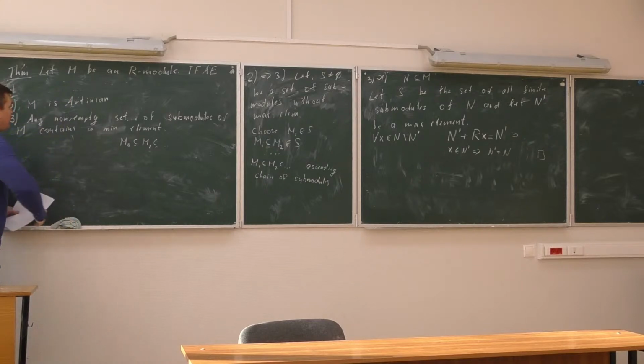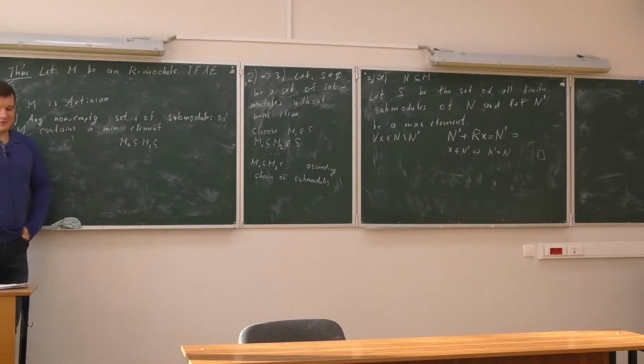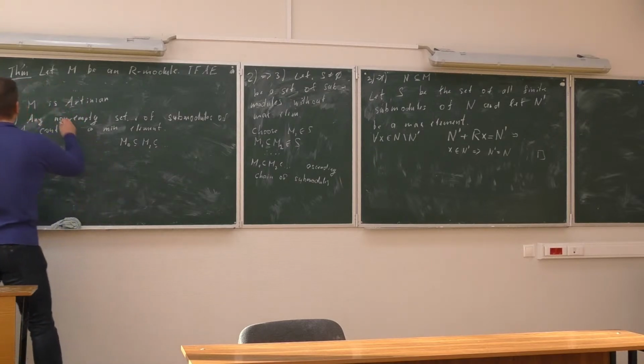What should be an analog of condition 1 in this version? What's the dual version of the condition every submodule is finite? Co-finite. You need also to analyze this condition. So let me just put this condition here.